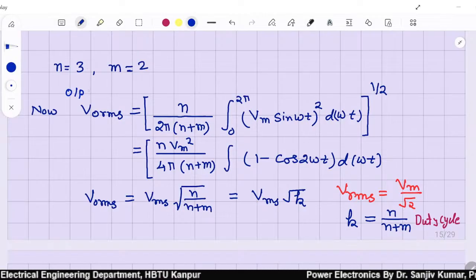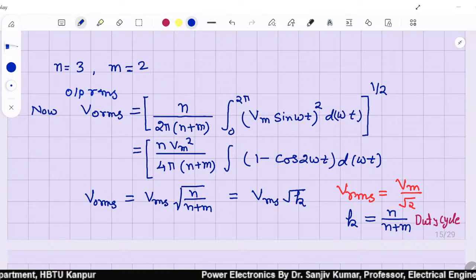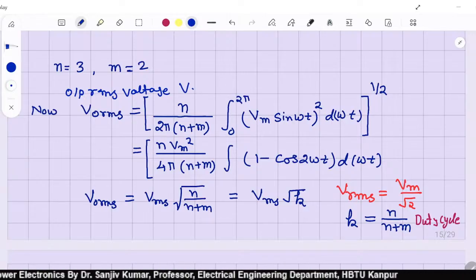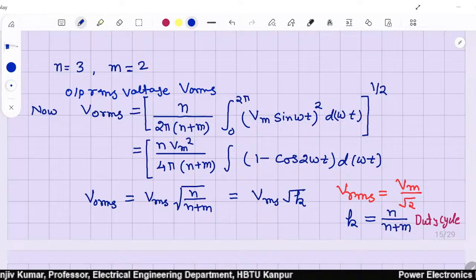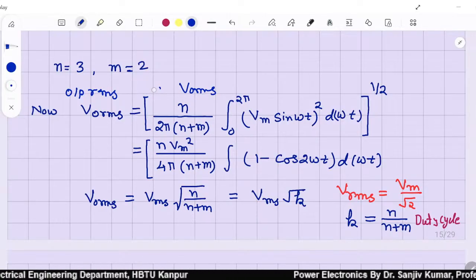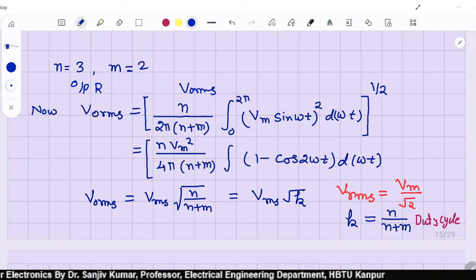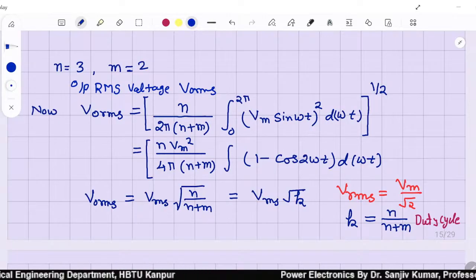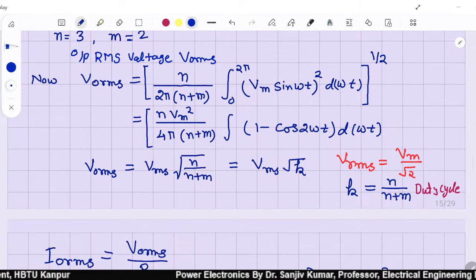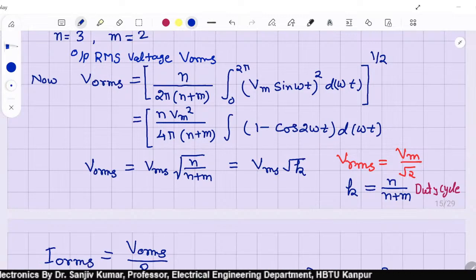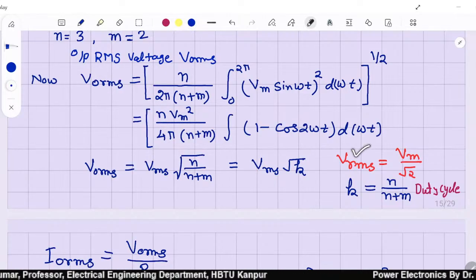Output RMS voltage, Vo RMS, is equal to this, and this is the supply voltage. I hope this is clear to you. This is the supply voltage RMS.